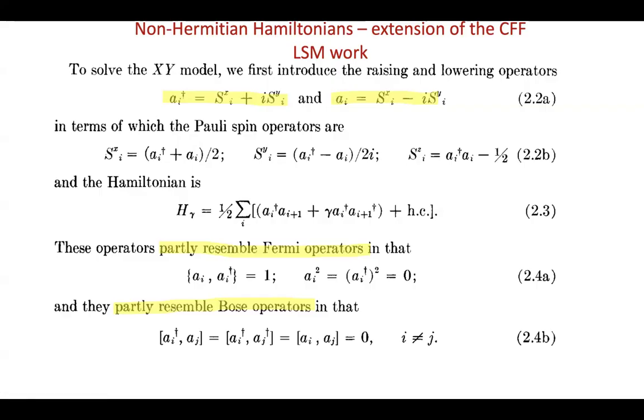But there is a problem in the current transformation. The problem is that these A_i partly relate to the Fermi operators because their anti-commutator is 1. And if you apply them twice in a row, they become 0 because you can only raise and lower.